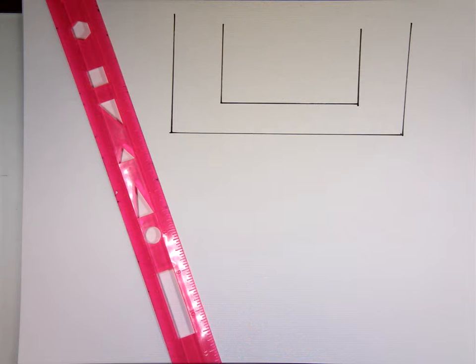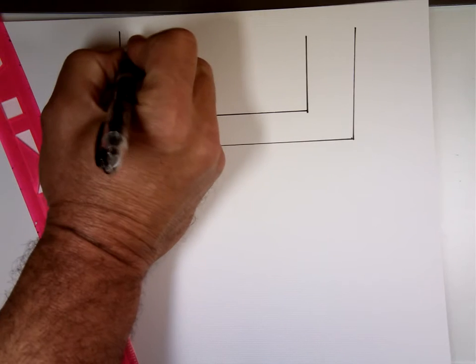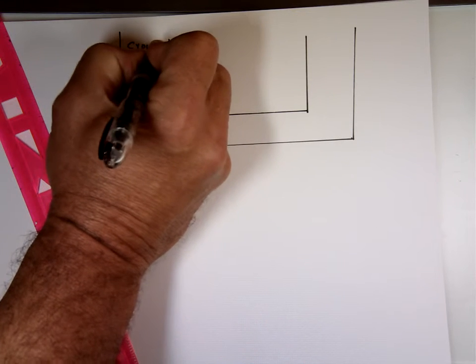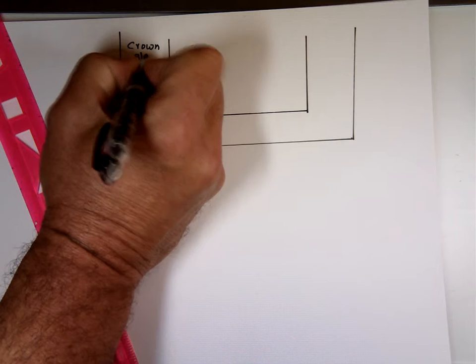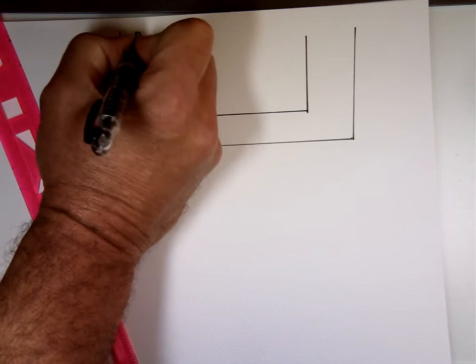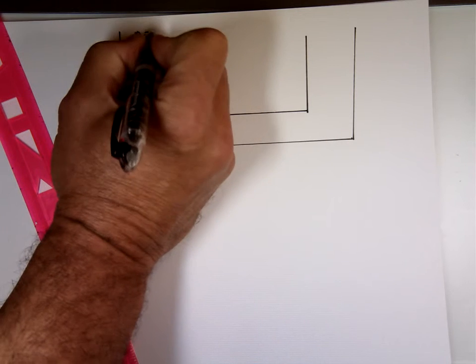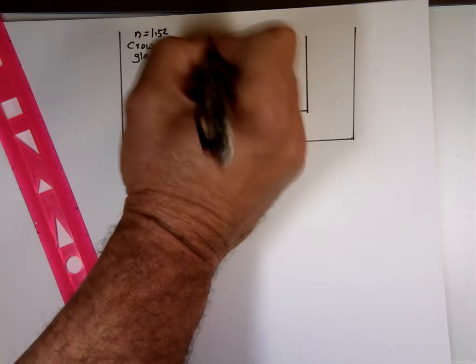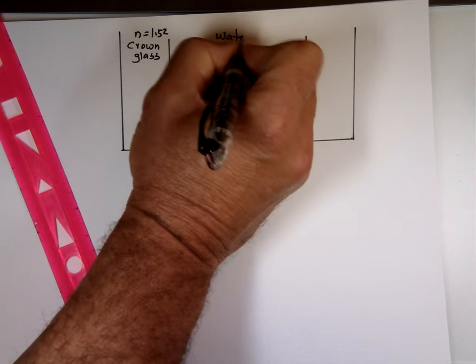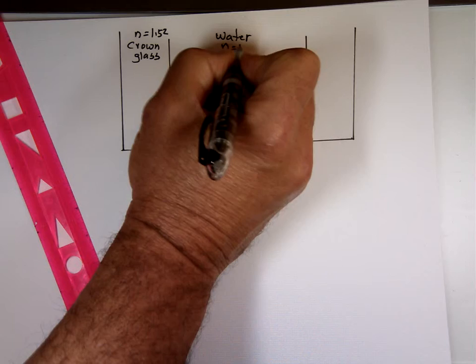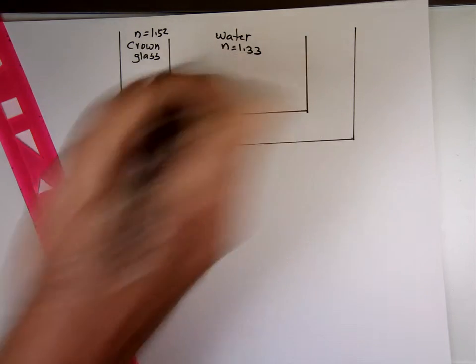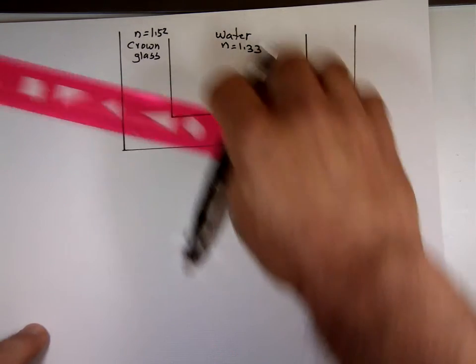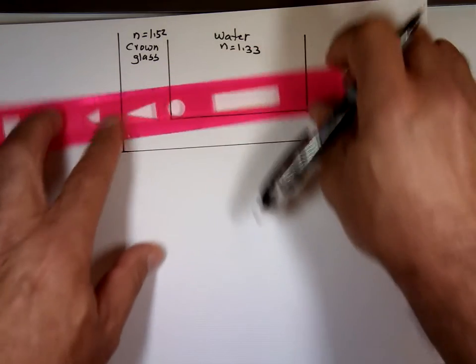Let's use crown glass. N for that is equal to 1.52. This is water here. N for water is 1.33. And we shine a beam at this.